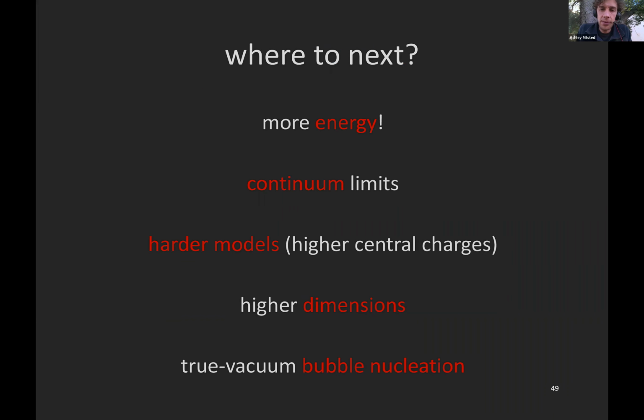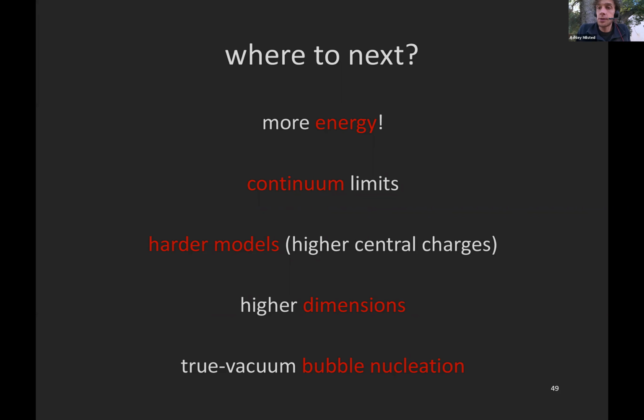There are many places you could go from here. You could increase the energy and see what kind of particles you could produce as you do that. You could take a continuum limit by getting closer and closer to a critical point. You could look at harder models with, say, higher central charges of their critical points for more interesting dynamics.